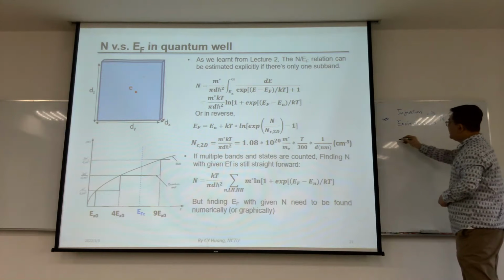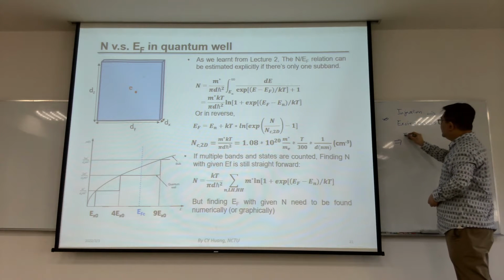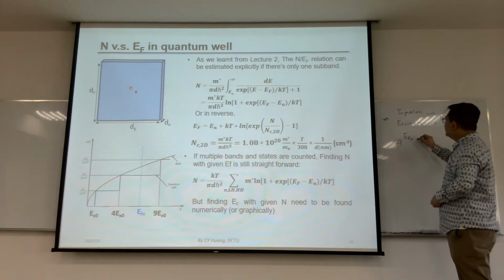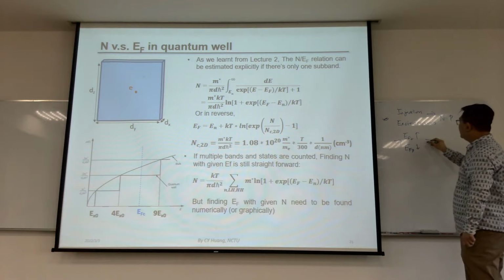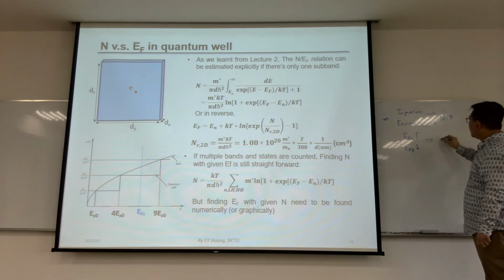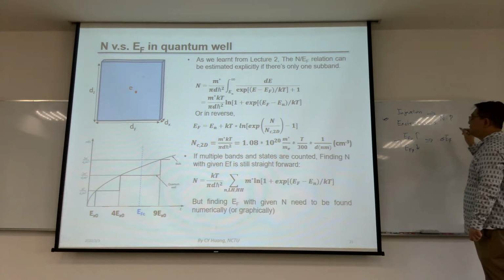And the NMP cause the EFC to increase, EFP to decrease. Then it gives you delta EF.